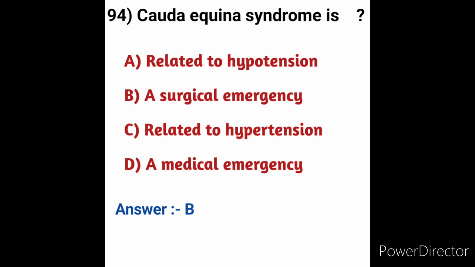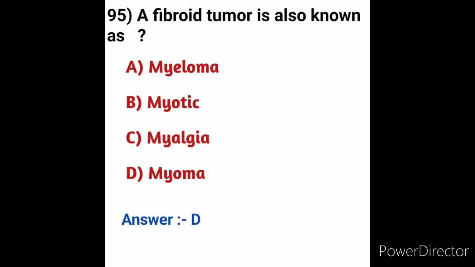Next move on to question number 95. A fibroid tumor is also known as what? We will see the options: option A myeloma, option B myotic, option C myalgia, option D myoma. For discussing the answers, we will see what these medical terms mean.